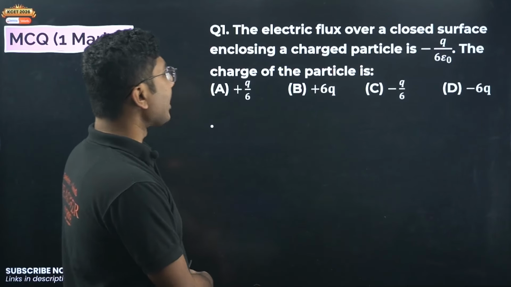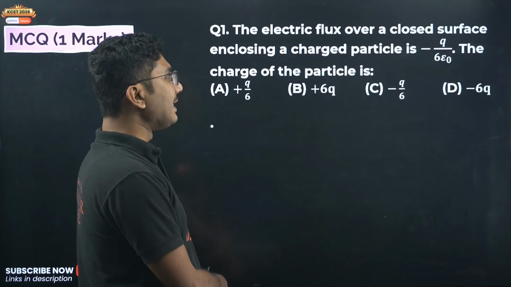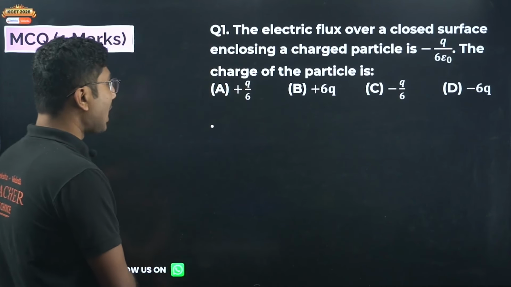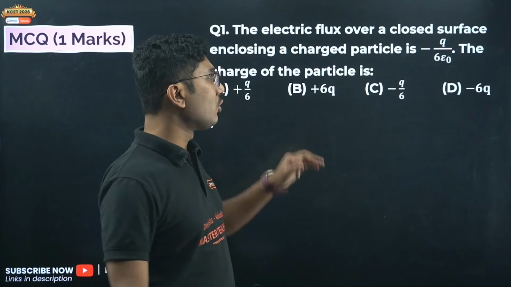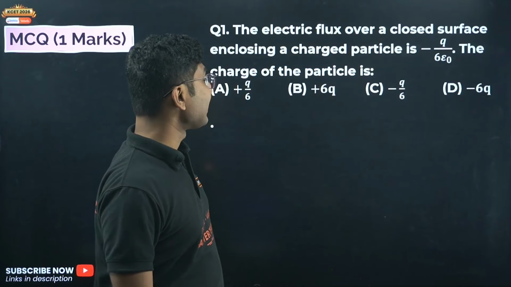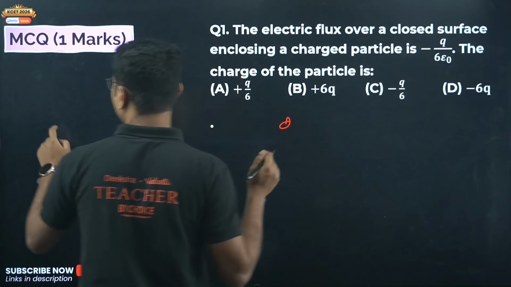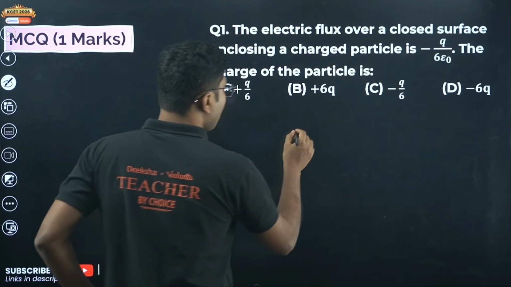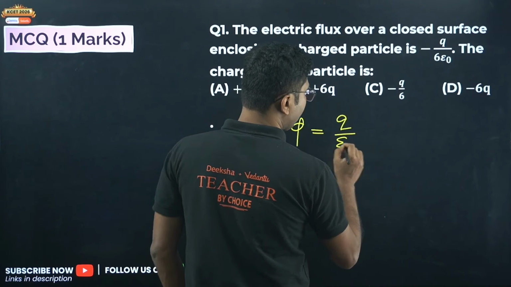The electric flux over a closed surface enclosing a charged particle is minus q by 6 epsilon naught. The charge of the particle is: we know that electric flux is given by charge enclosed divided by epsilon naught.